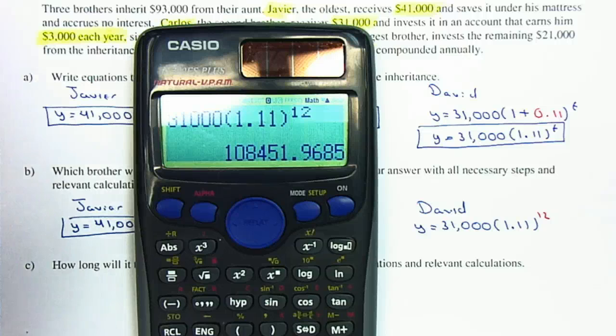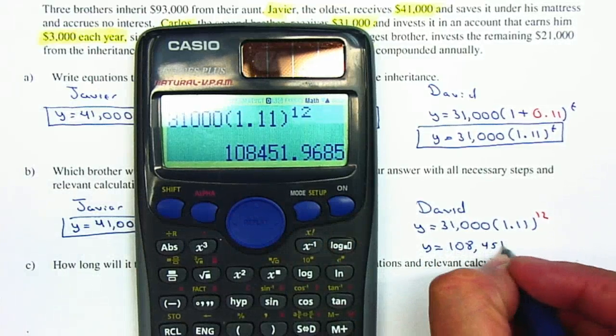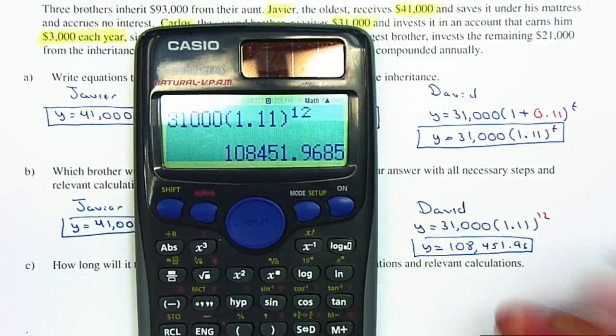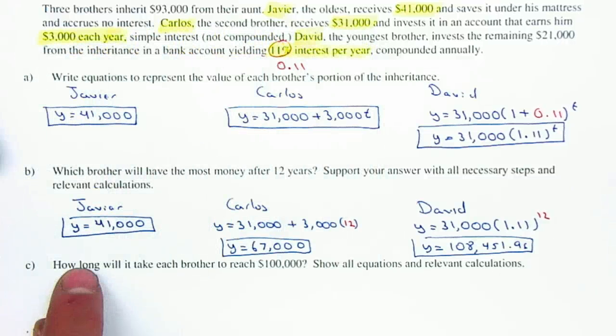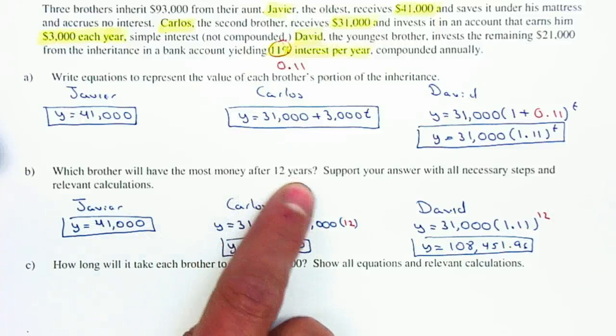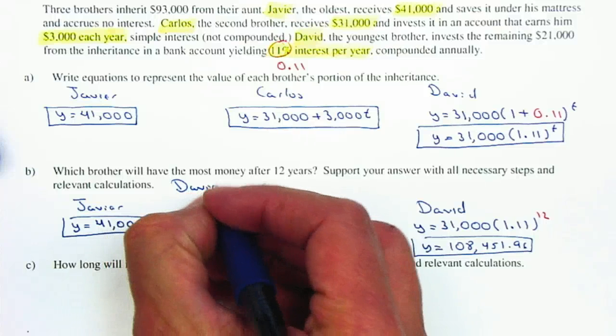So Y is equal to about 108,000. Now, in this case, which one will have the most money after 12 years? David will have the most money after 12 years.